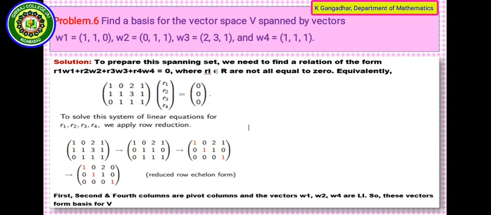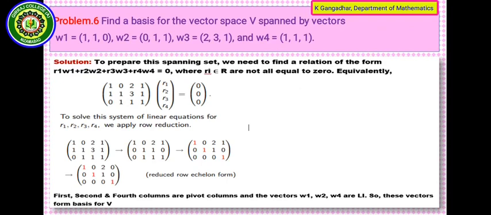First, these four vectors we write as a linear combination equal to 0 bar. Here we write the linear combination R1 W1 + R2 W2 + R3 W3 + R4 W4 = 0 bar. We write it in matrix form AX = 0 bar.